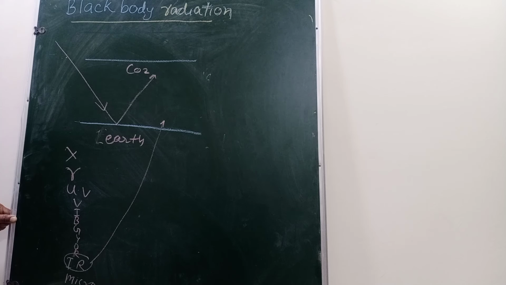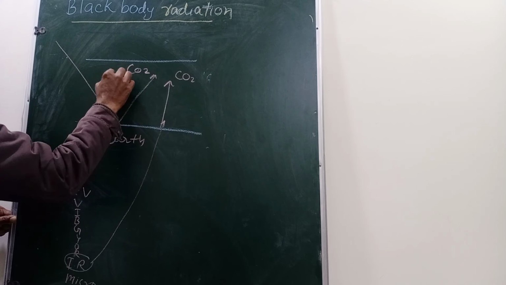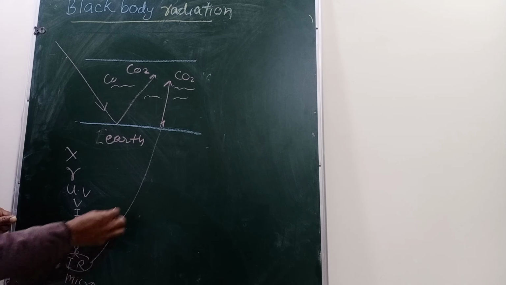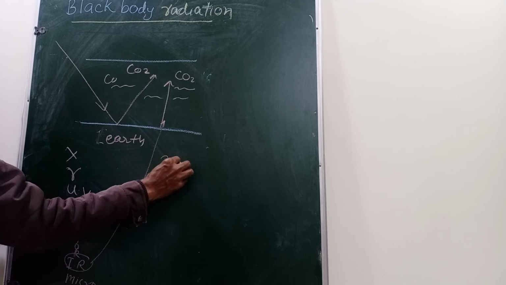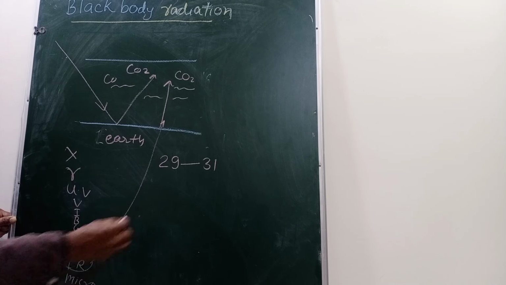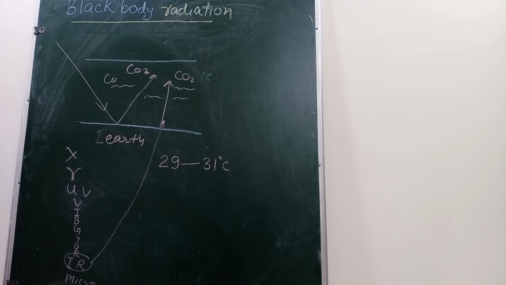So if the percentage of carbon dioxide increases in our earth due to pollution and different reasons, what will happen is that after some time, the average temperature of the earth may increase from 29 to 31 degrees Celsius, which will be sufficient to melt the glaciers, and they will form water.